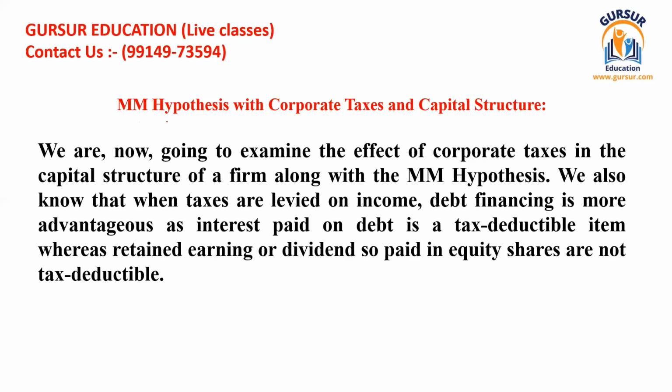And now we have to study this hypothesis with the existence of corporate taxes. So Modigliani and Miller suggested that if there is the existence of corporate taxes, then you are in a position similar to the net income approach.